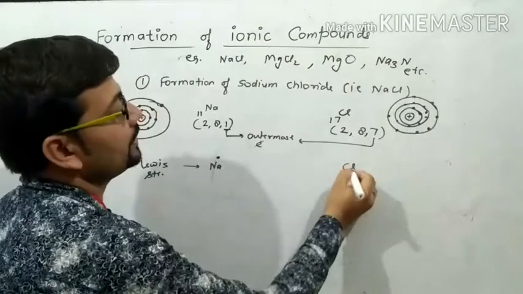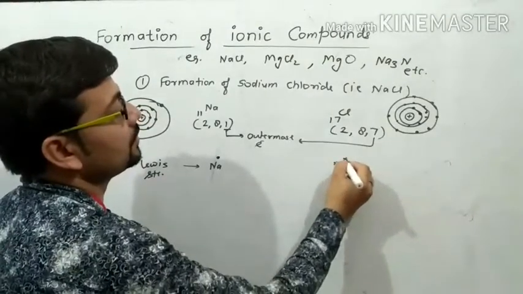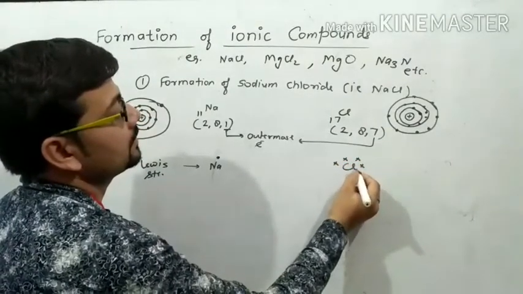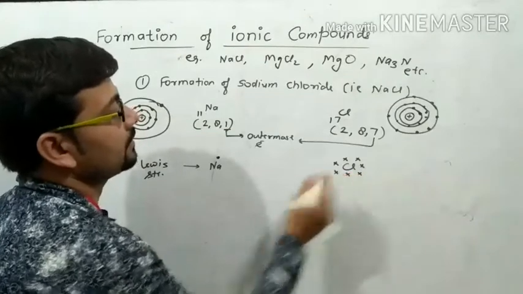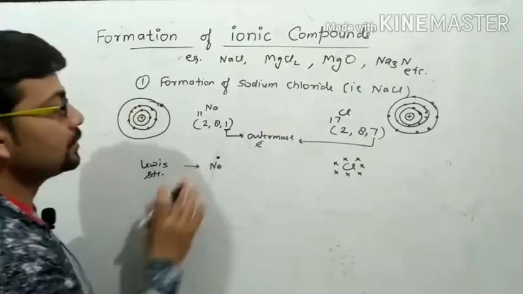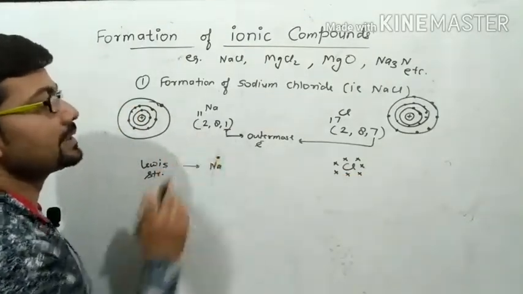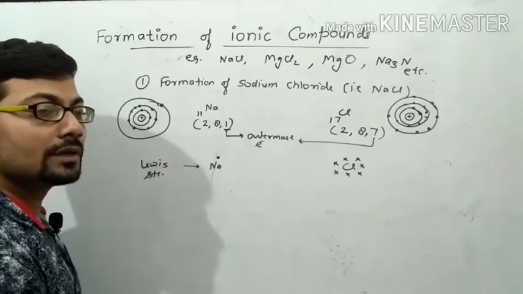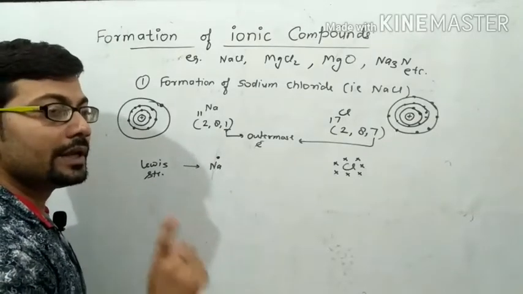In case of chlorine, there are 7 electrons, 1, 2, 3, 4, 5, 6, 7. As you know, for completing its octet, the outermost shell should have 8 electrons.